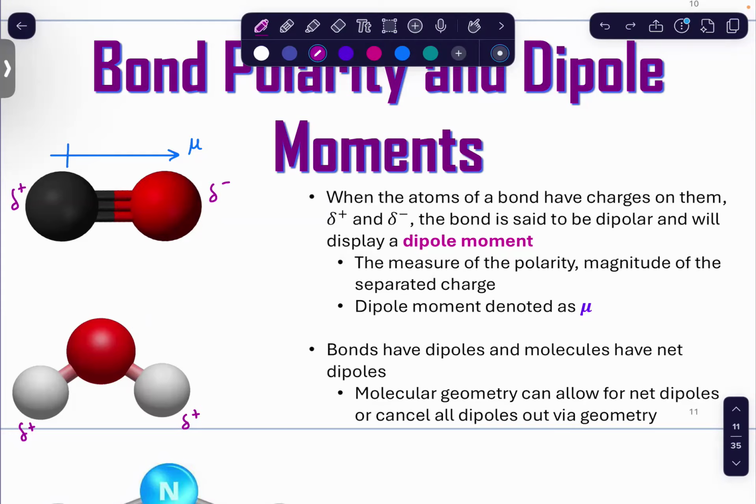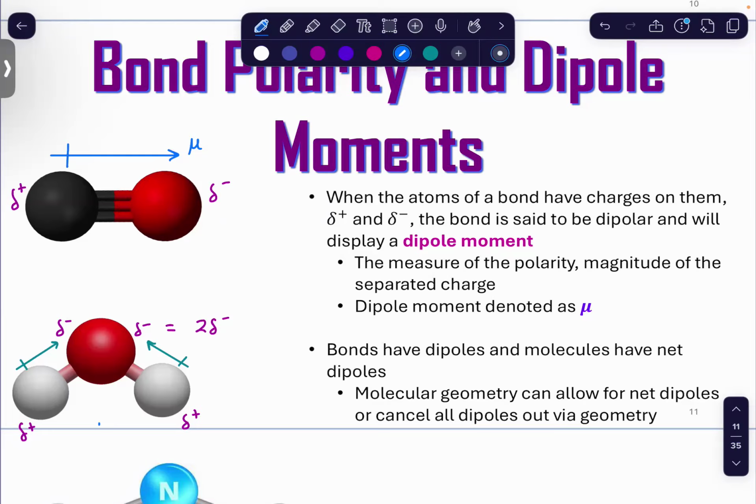So going from one hydrogen to the other, we have a delta positive, delta positive, delta negative. So that's where we get the 2 delta negative. Then each one of these is going to have a bond dipole pointing towards the negative. But you can see that these two dipoles are not going to completely cancel each other out.